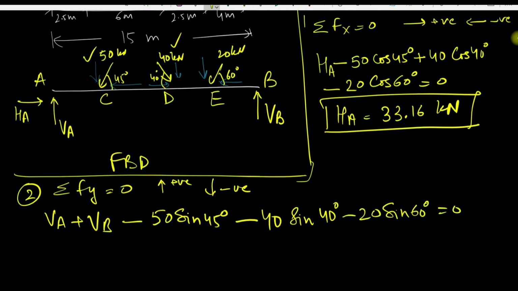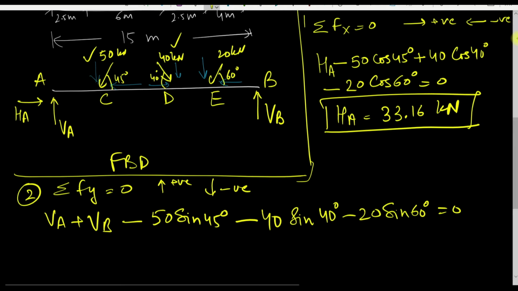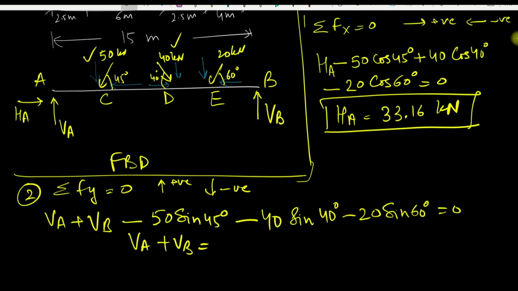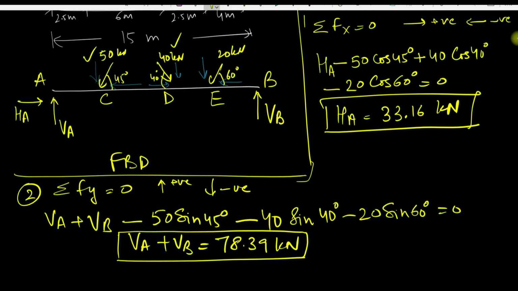This is equal to 0. If you solve this equation, we'll get VA plus VB is equal to 78.39 kilonewton. Now this is one equation, and we have two unknowns, so we can label it as equation number 1.